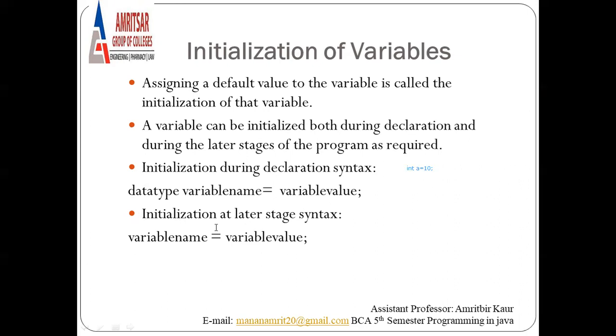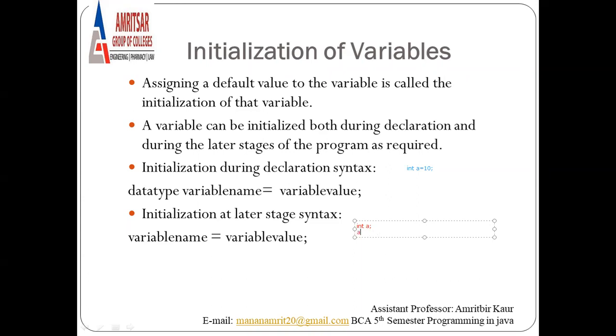So initialization at a later stage. For example, firstly we declare our variable like int a. We declare our variable but do not assign any value, but after that we want to initialize it. Then we write our variable name equals the variable value.